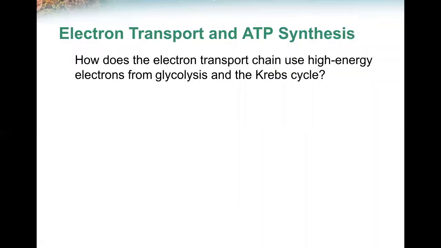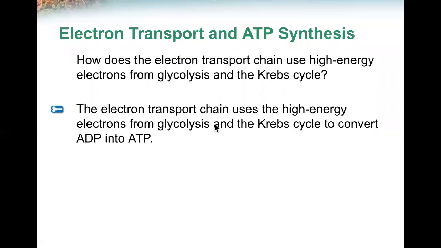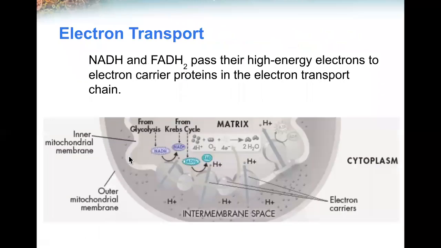So how does this electron transport chain use high energy electrons from glycolysis and the Krebs cycle? The electron transport chain uses the high energy electrons from glycolysis and the Krebs cycle to convert ADP into ATP. NADH and FADH2 pass their high energy electrons to electron carrier proteins in the electron transport chain.